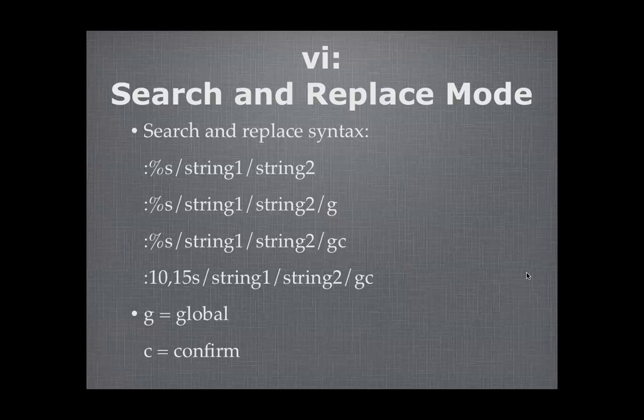So this is just one way to use it, and there's a lot of different ways to do this. This % is a special character that means the whole document. You can also search for a range. Like if you want to look for something between line 10 and line 15, you can do that.